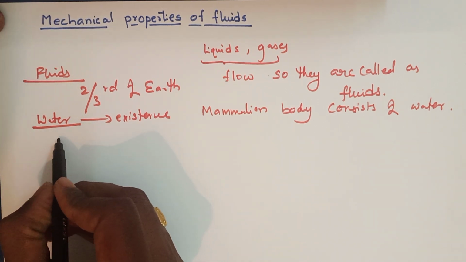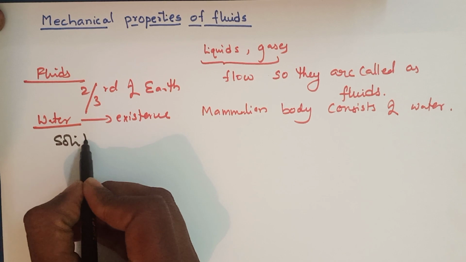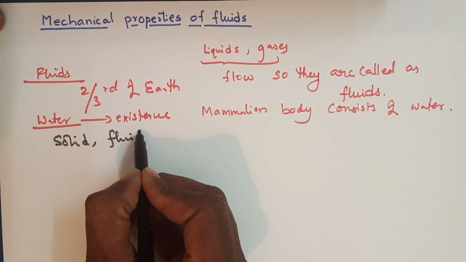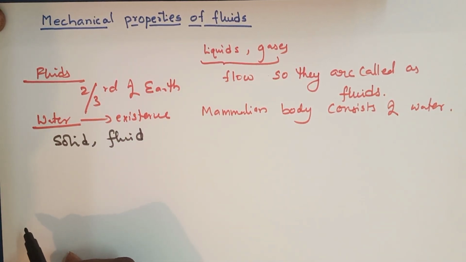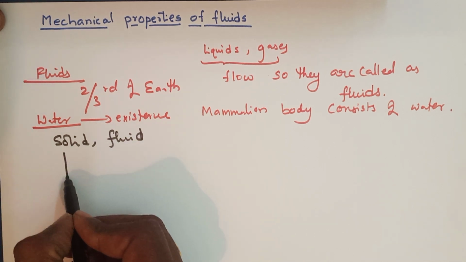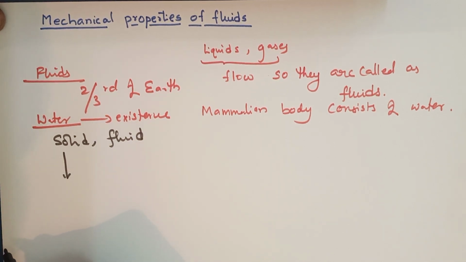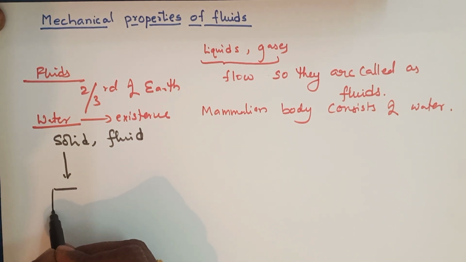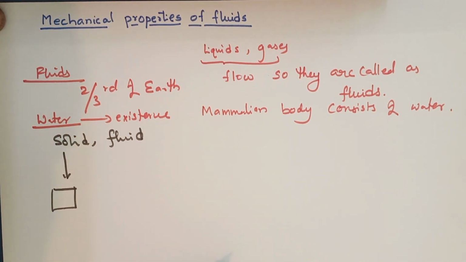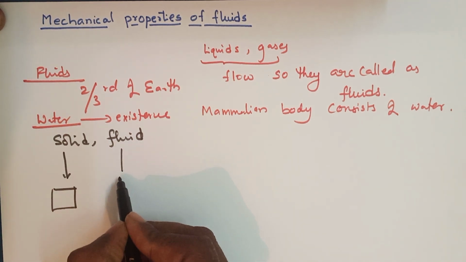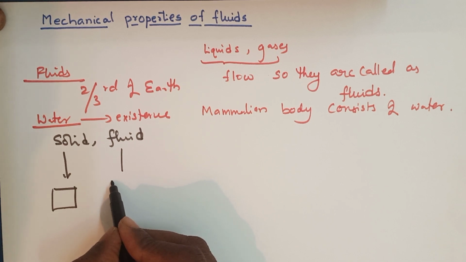Now what is the main difference between solid and fluid? A solid has a definite shape of its own. Unless you apply a force, the shape does not change, right? Liquid also has a shape, but it takes the container's shape.